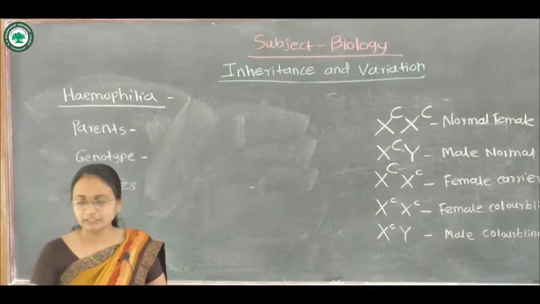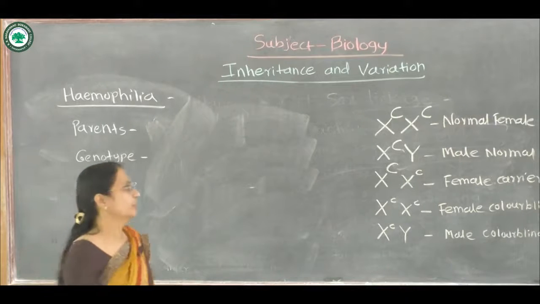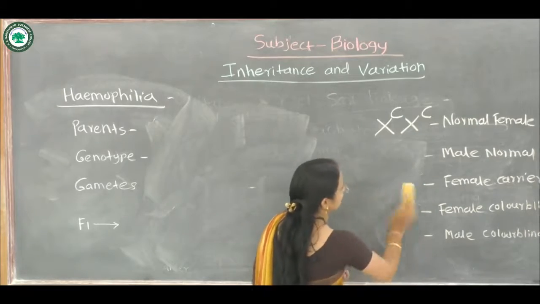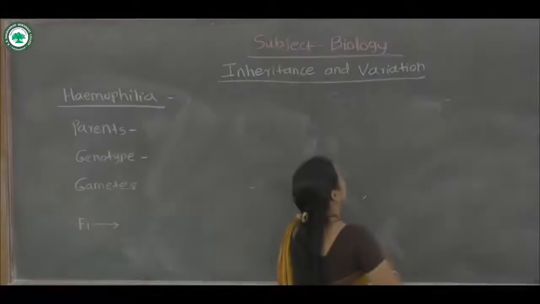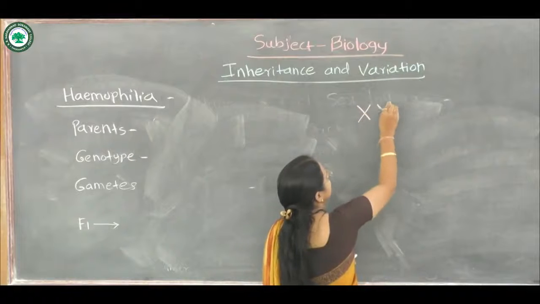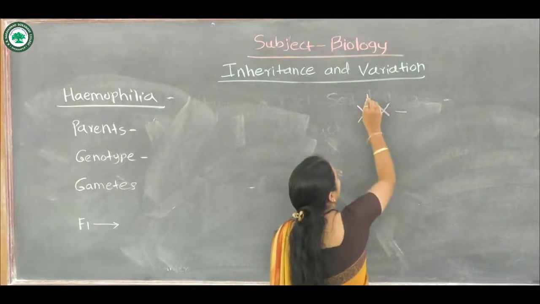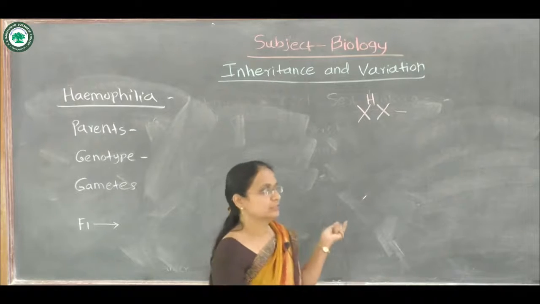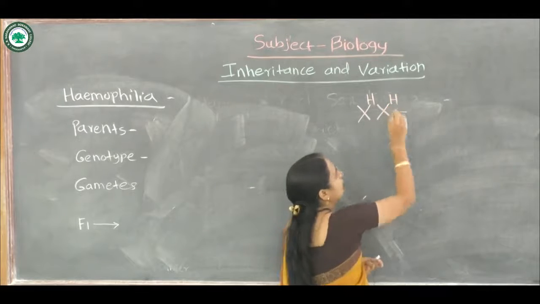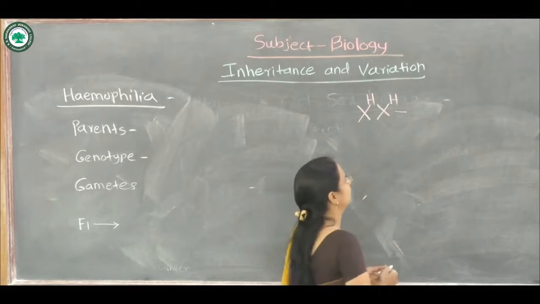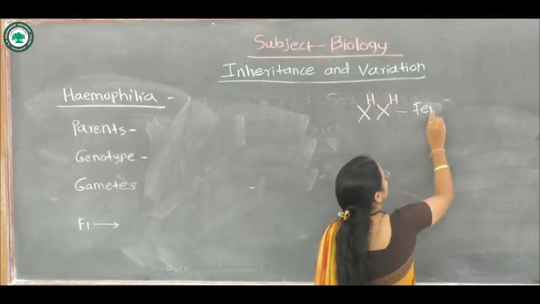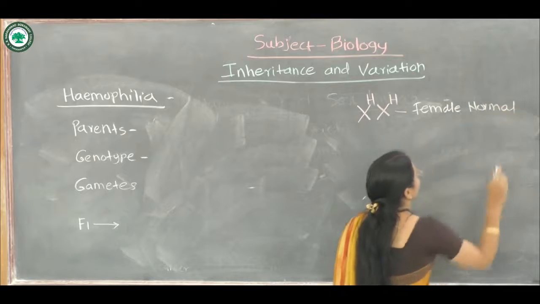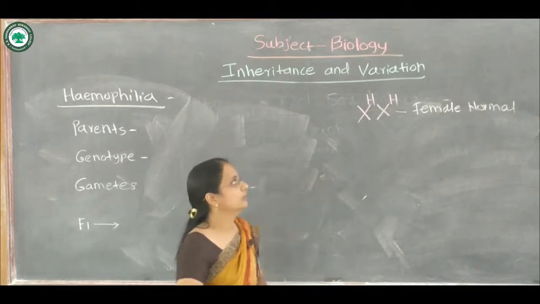The same thing is there, just like color blindness: the recessive genes are responsible for the hemophilic condition, and capital H is responsible for dominance. Suppose both genes are dominant here. At that time, this female is normal, meaning she does not suffer from the hemophilic condition.